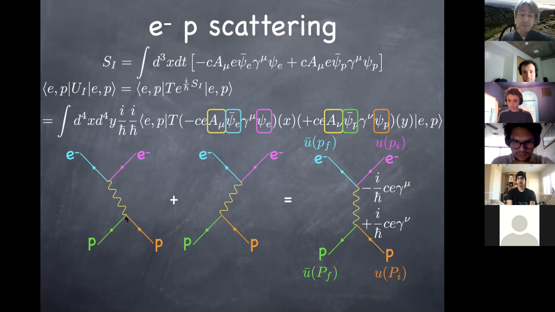But whenever you have this kind of internal line in the process, you are supposed to sum up two possible time orderings anyway. So it's convenient to do the sum before doing any computation. And that sum is what is called the propagator.